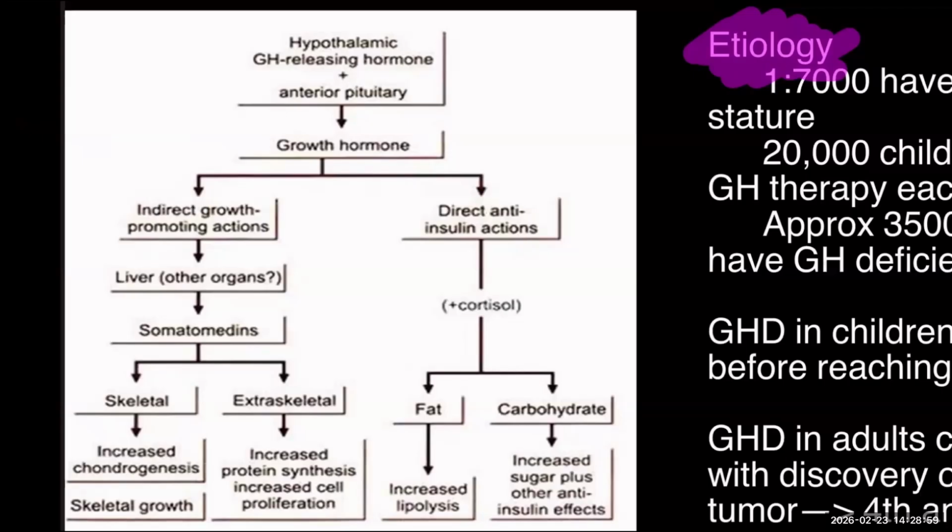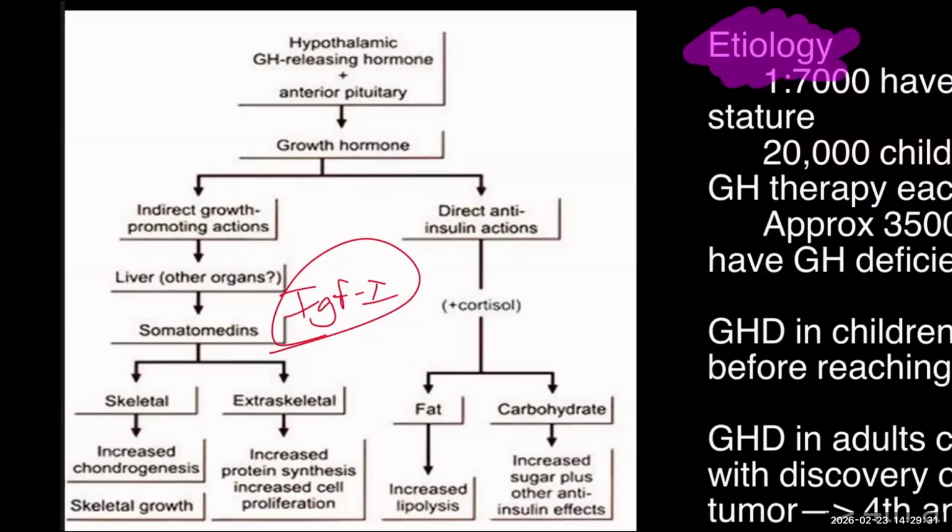The indirect, this is where your IGF-1 comes in, because growth hormone causes IGF-1 to be released. So IGF-1 gets released, and that goes to your skeletal muscles and the bone, and causes the growth to occur.